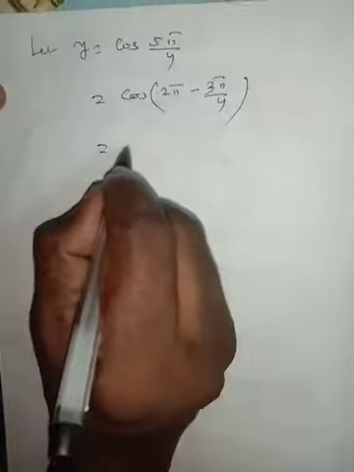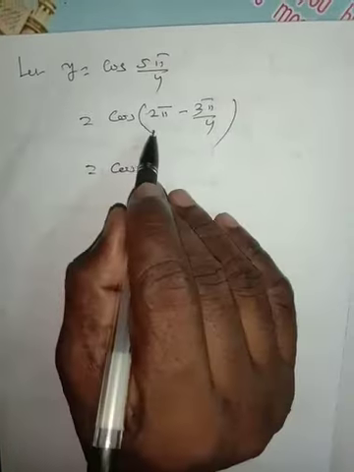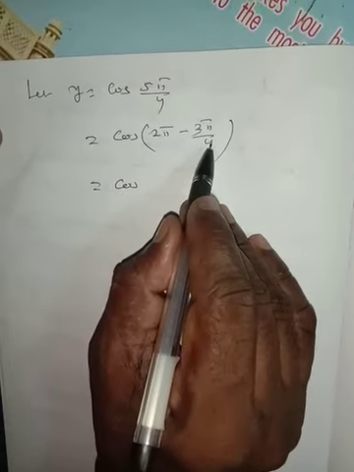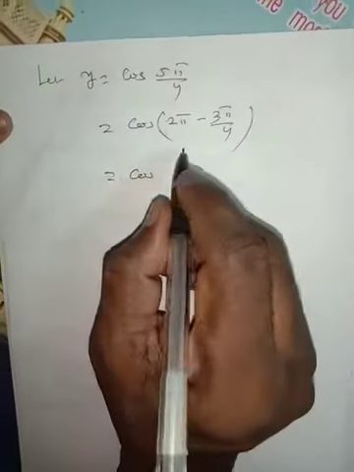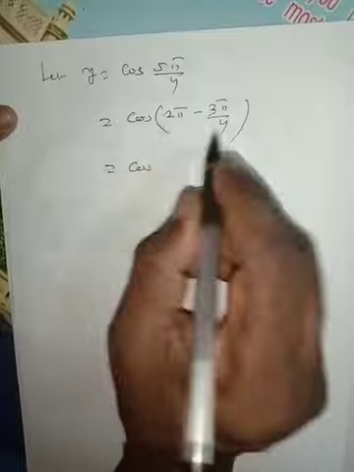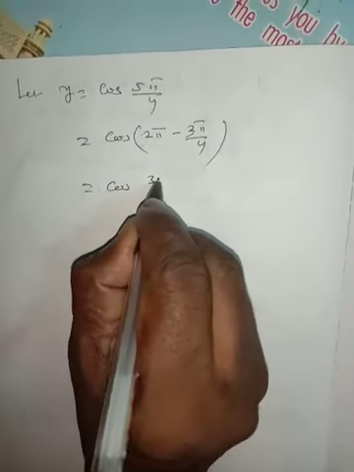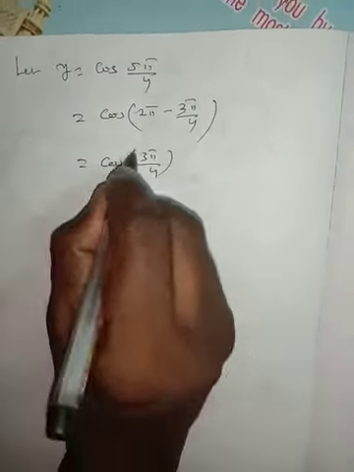Now cos, already known result: cos 360 minus theta is cos of minus theta. Then cos of minus theta is cos theta. Therefore, using the two formulas, cos 3 pi divided by 4.